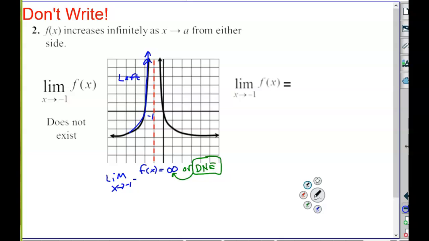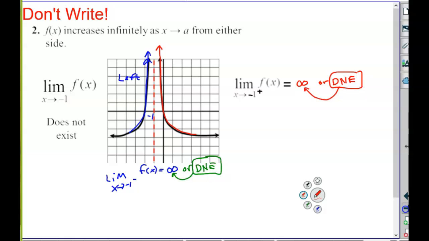And what if I did the limit as x approaches -1 from the right? Well, notice that's headed in the same direction. This is going towards infinity as well, but we're going to refer to it as it does not exist because infinity is just the direction it's in.